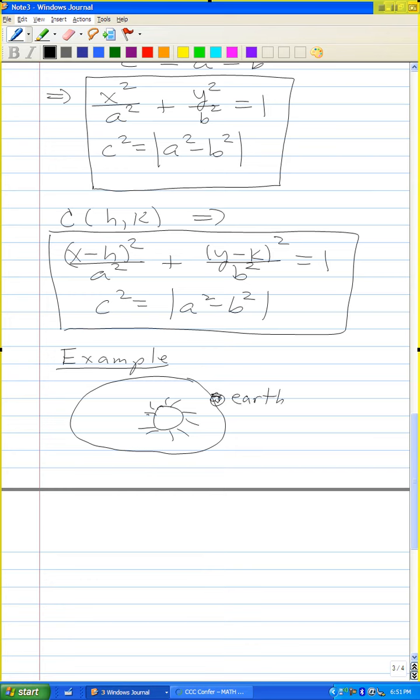So you have the Earth here and the sun here. Then the Earth will go around the sun in an elliptical pattern, and the sun will be centered at one of the foci. So it turns out that the center of the sun actually is at one of the foci for which the Earth travels in the elliptical pattern.